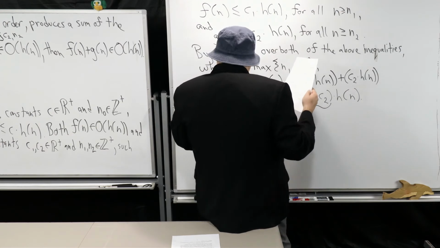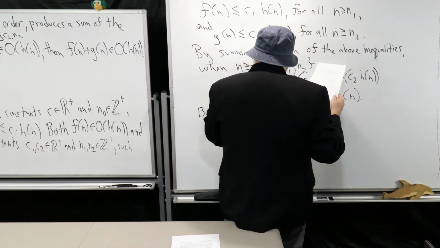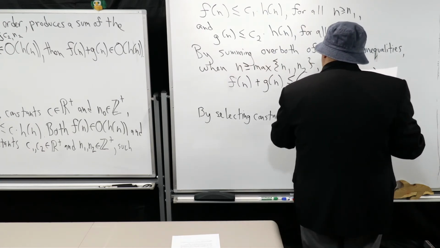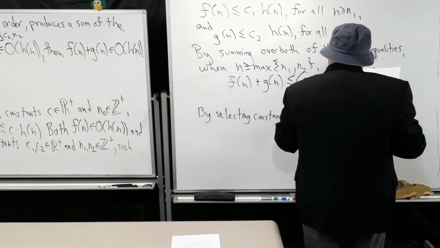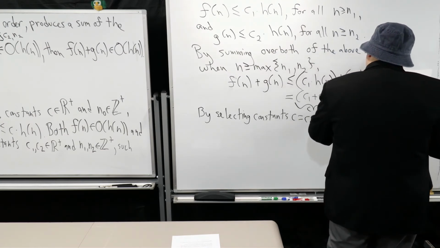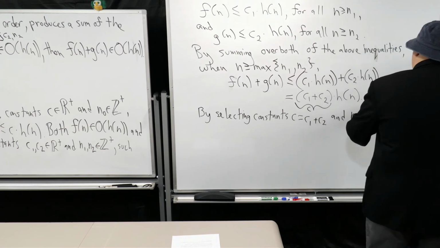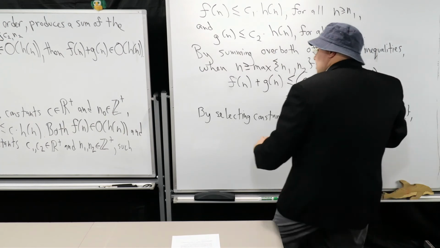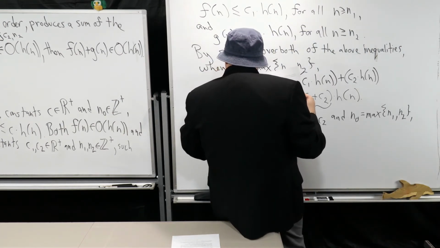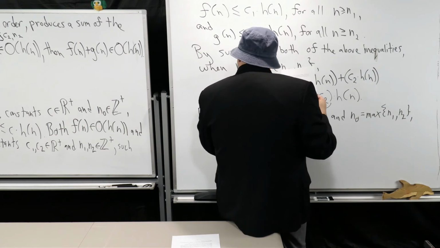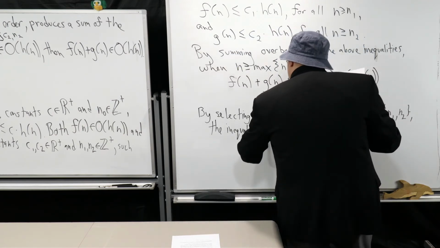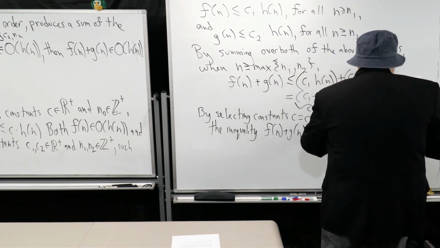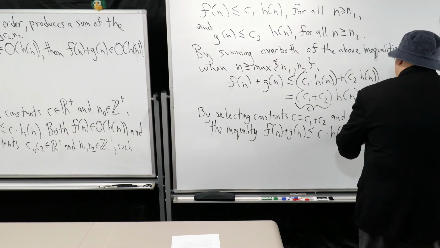By selecting constants C equal to C1 plus C2 and n0 equal to the max of n1 and n2, the inequality f of n plus g of n is less or equal to c times h of n holds for what?